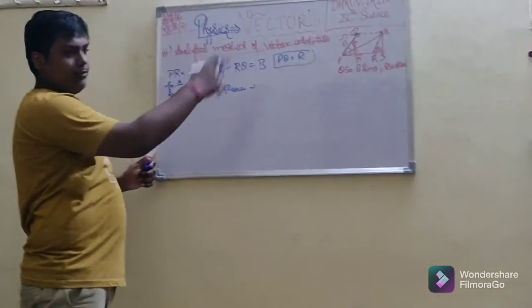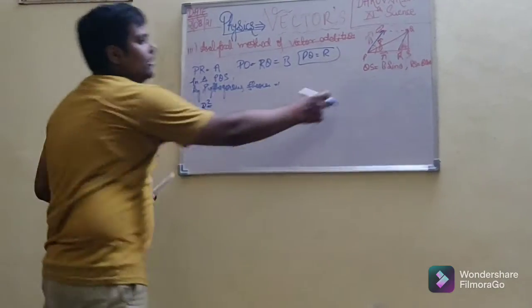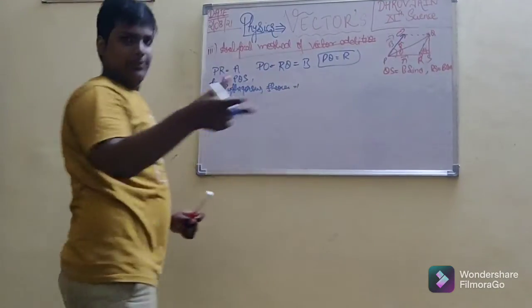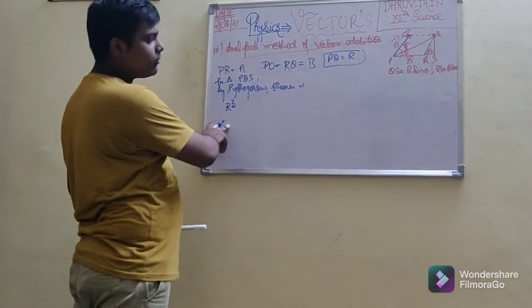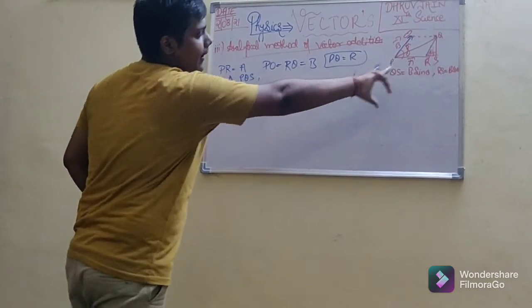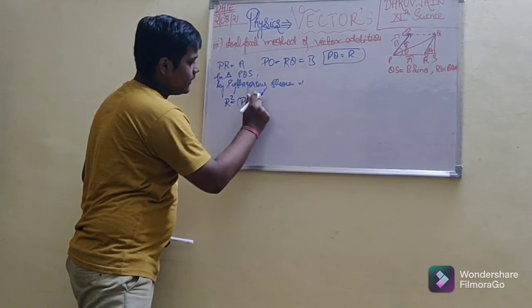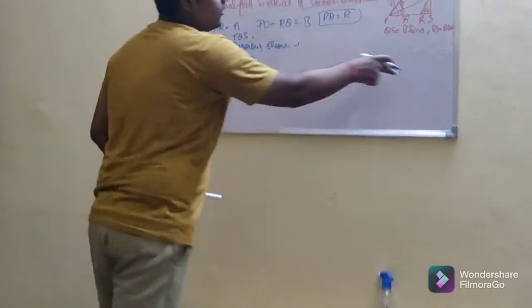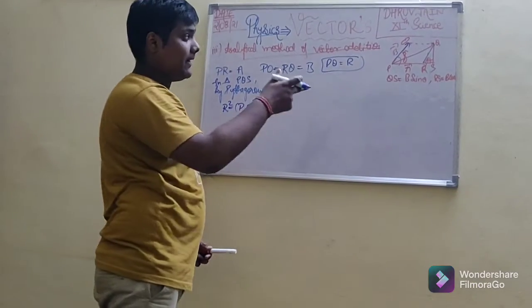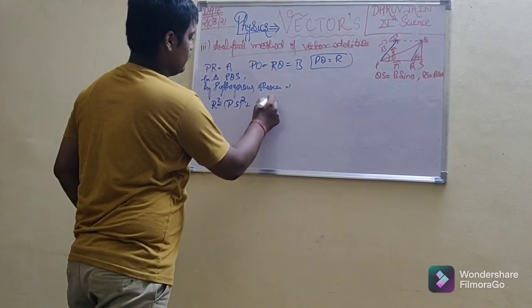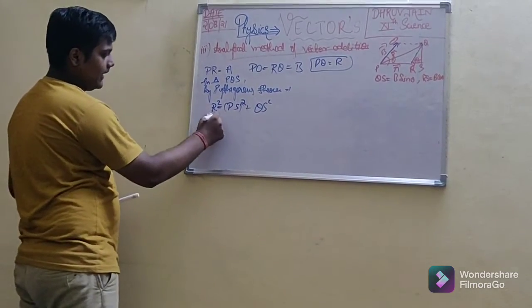We know the hypotenuse square is equal to the sum of these two squares. The base is PS, so PS square. Now QS is the perpendicular, so QS square.